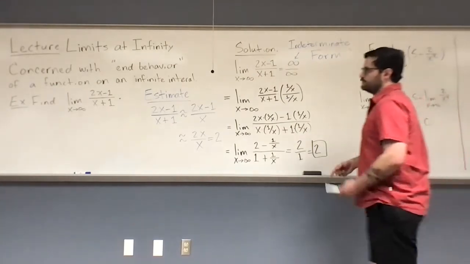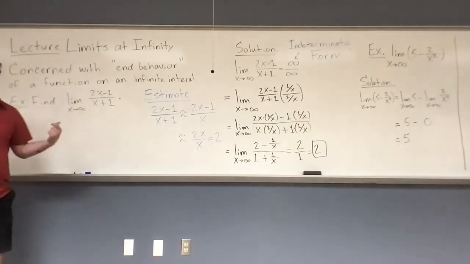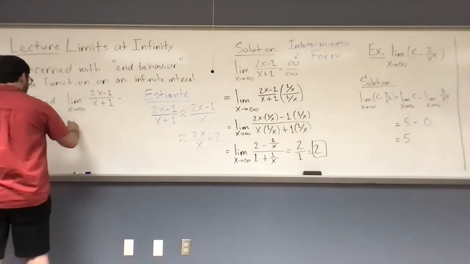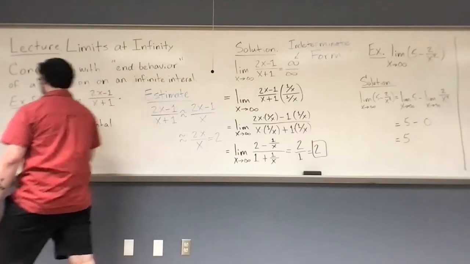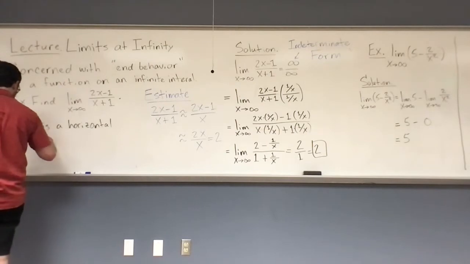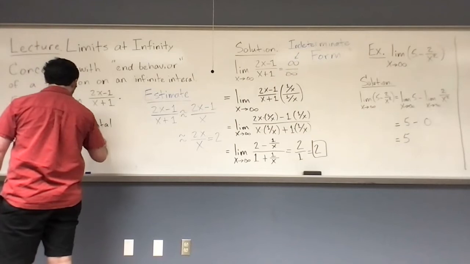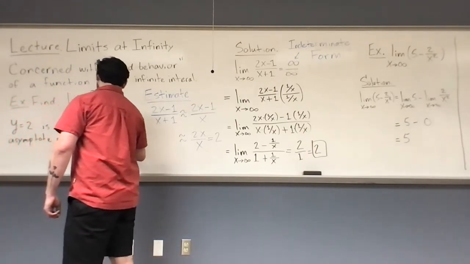I should probably mention that if there was an additional question, like maybe, so y equals 2 is a horizontal asymptote of the graph of f of x equals 2x minus 1 over x plus 1.